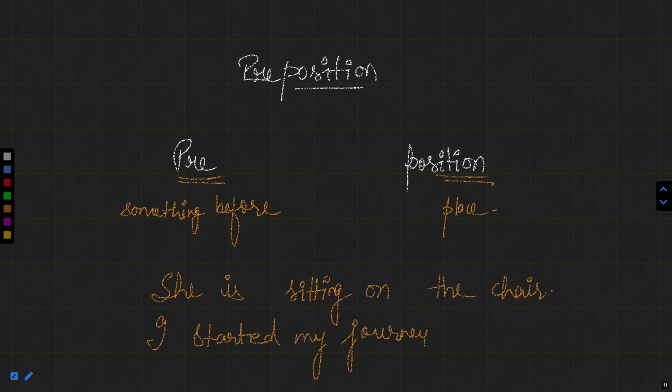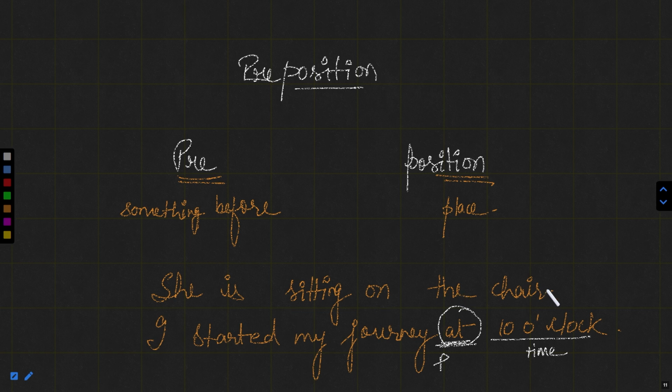Now, this is another part of the sentence. If we talk about this one, I started my journey at 10 o'clock, so 10 o'clock is time, and this is indicated by the word at. It means we are saying that at 10 o'clock. Okay, so this is a preposition, and we have used this just before time.